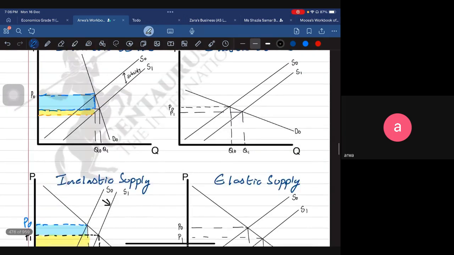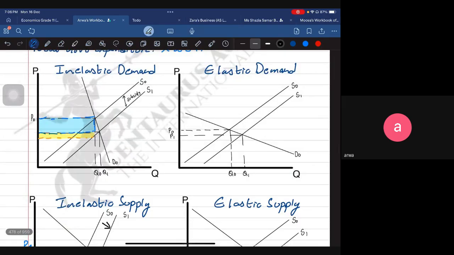Now, when we talk about the elastic ones, I guess this seems to be more equal. I don't know why. Let me make it right for you.